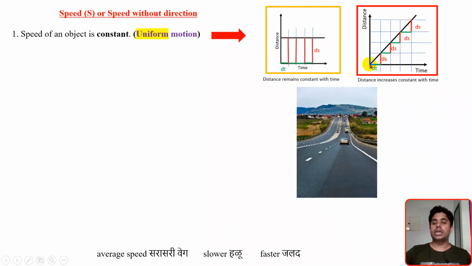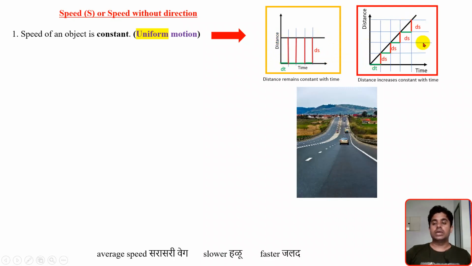This graph starts from the origin, but this graph has a certain distance from the x-axis. When time was 0, or at some particular time in between the journey, here we have some particular distance.